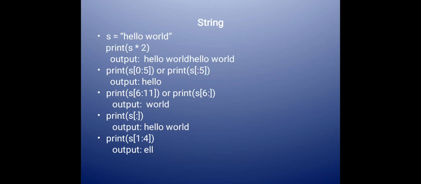If that is the case, what is the output of print s of 6 colon 11? It is world. Or print s of 6 colon, the output will be world itself. Here also we have left out the end index. If you leave out the end index, the range will end at the last character.